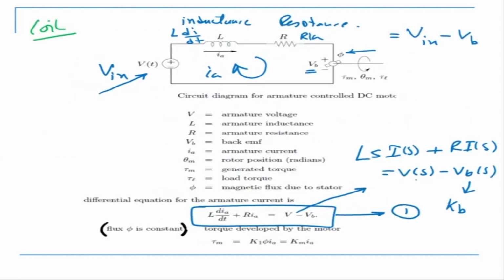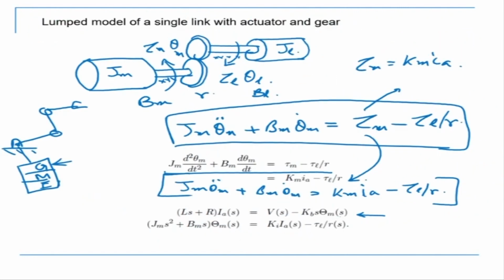So I can write this as V of s, and Vb of s I can write as Kb into s theta ms. Okay, that is what I'm getting here.